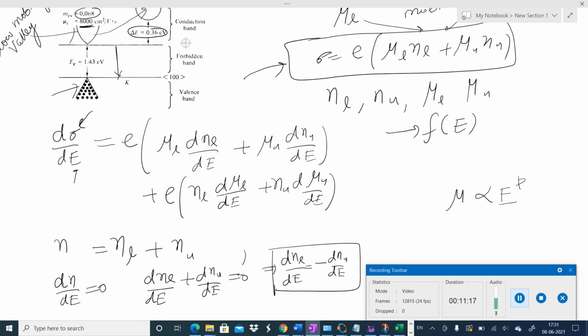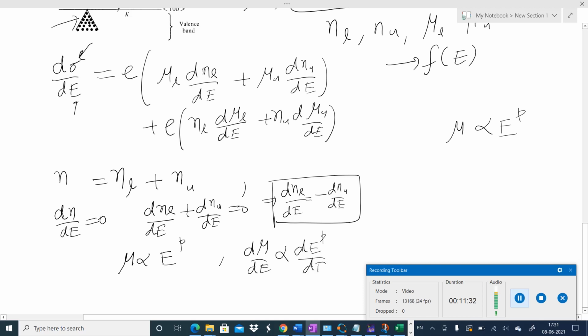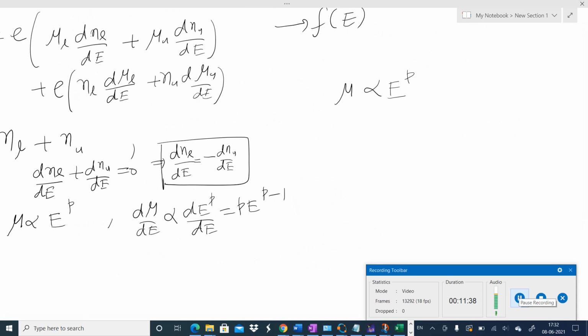And we assume that mu is proportional to E to the power p, so it means that d mu over dE will be proportional to d(E to the power p) over dE, which is p E to the power p minus 1, which we can write as p E to the power p divided by E, right?